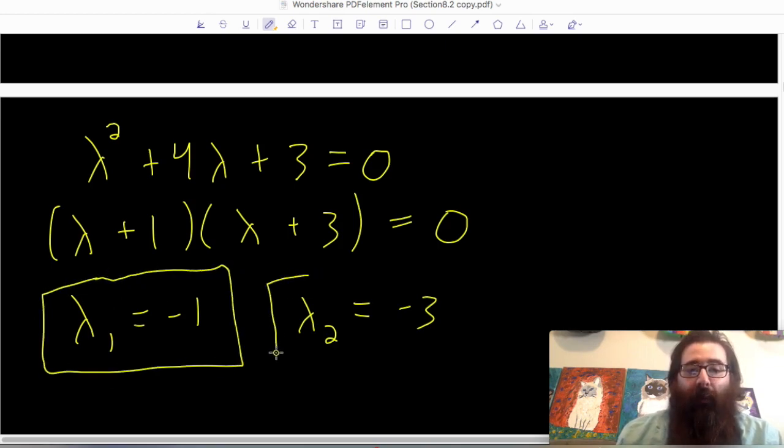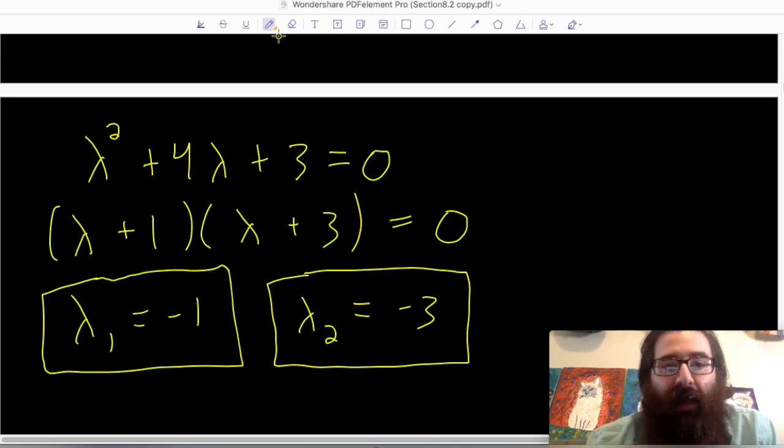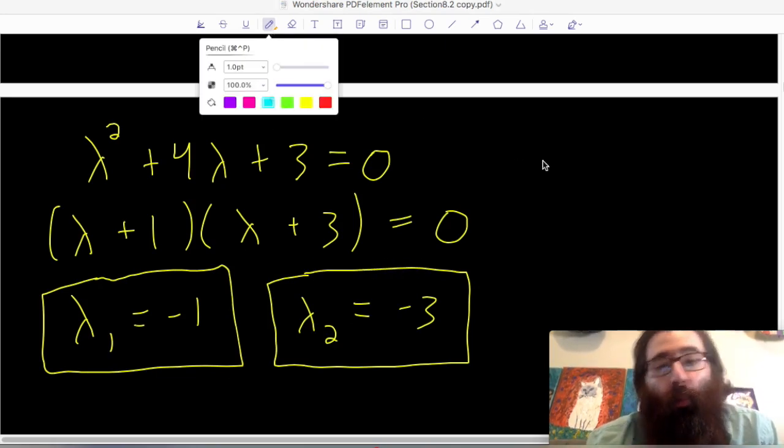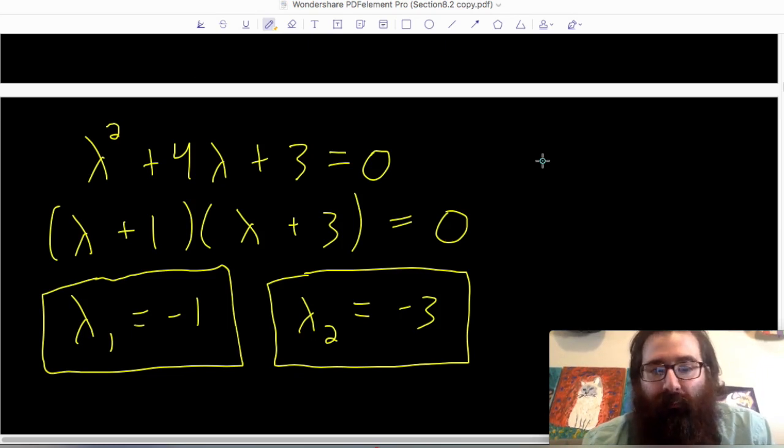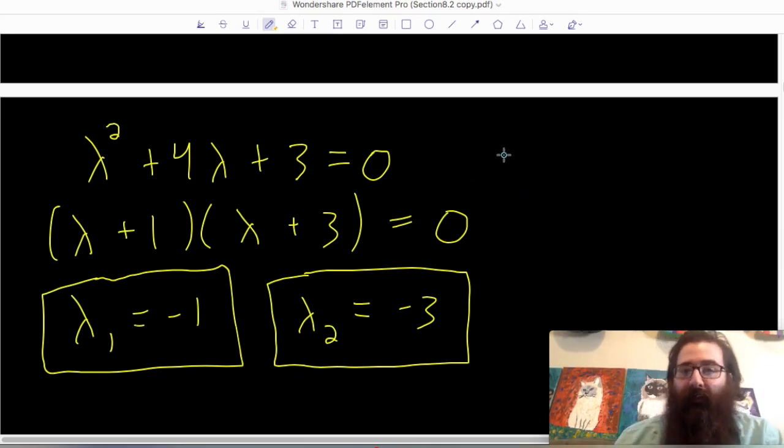Now, what's nice about this linear system is that as soon as I find the eigenvalues, I can tell what's happening at that critical point right away. So we could make a comment here.